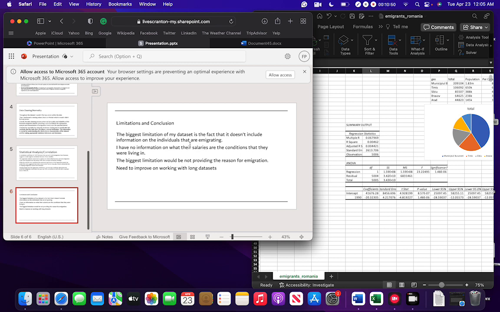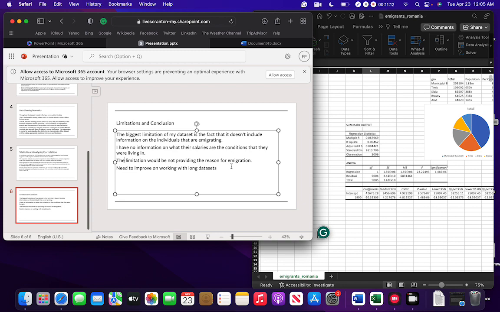Lastly, limitations and conclusion. The biggest limitation of my dataset is the fact that the dataset doesn't include information on the individuals that are immigrating.